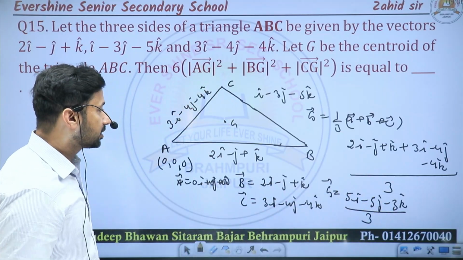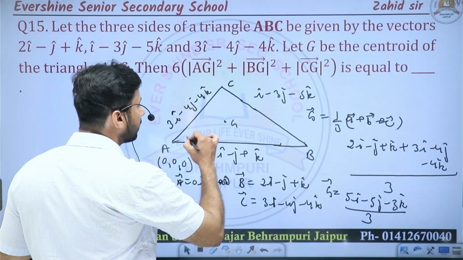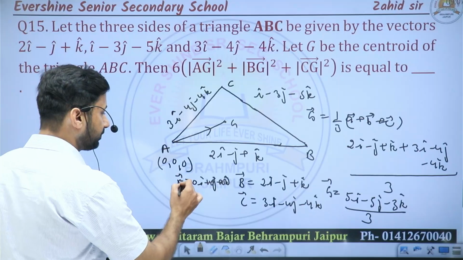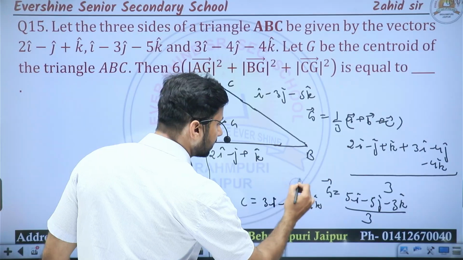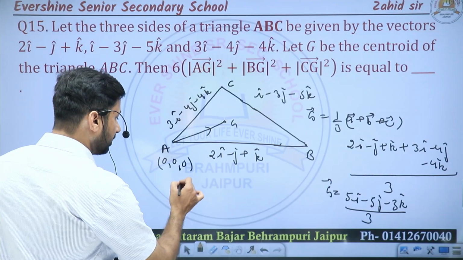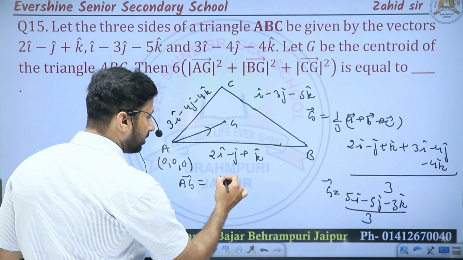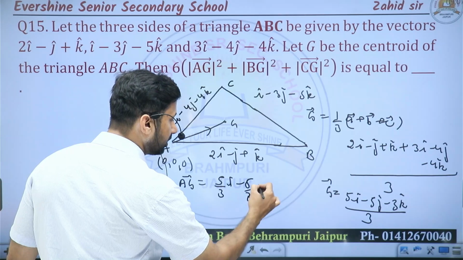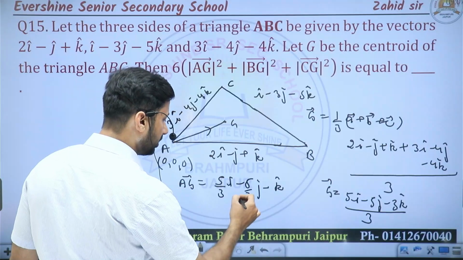Okay, next what do I need to find? I need to find AG. So AG will be G minus A. Vector AG will be G minus A. G is 5 by 3 i cap minus 5 by 3 j cap and minus k cap.